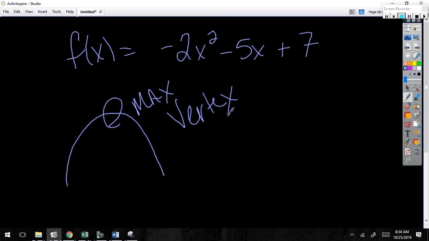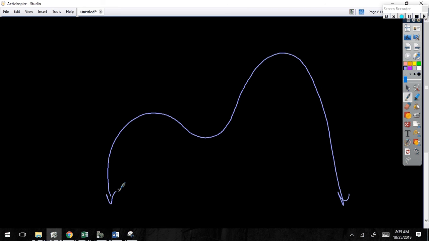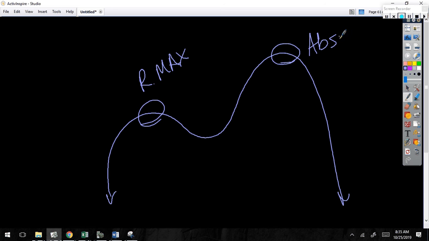Relative just means if you've got a whole graph with more than one, this would be a relative max. This one's an absolute max. There's absolutely no point higher than that one. This one, it's a turning point. It stops going up and starts going down, but it's not the highest point on the graph.